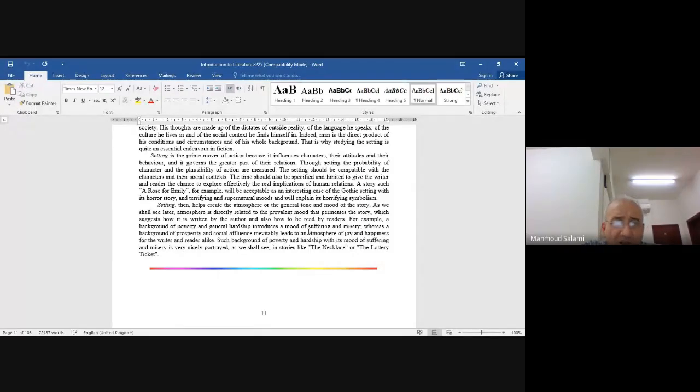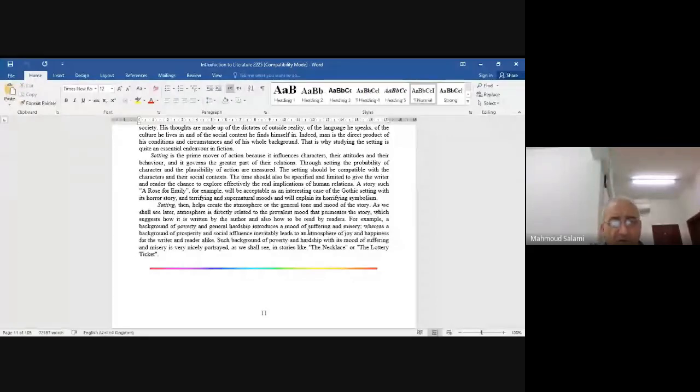For example, a background of poverty and general hardship introduces a mood of suffering and misery, whereas a background of prosperity and social affluence inevitably leads to an atmosphere of joy and happiness, for the writer and reader alike.